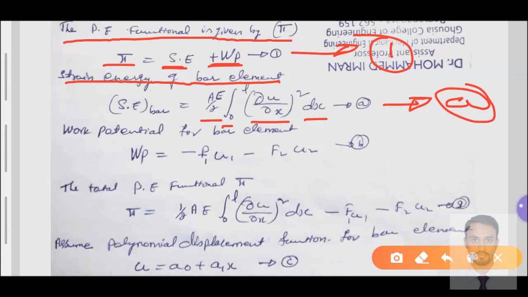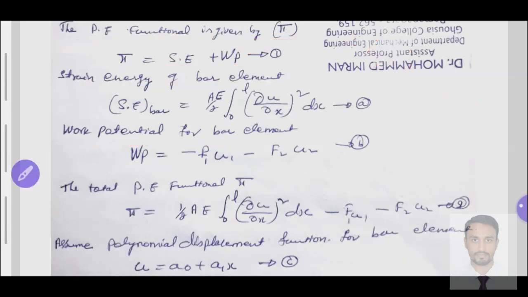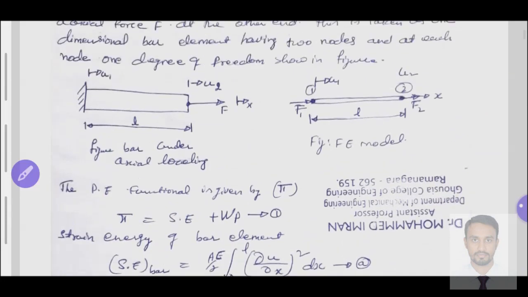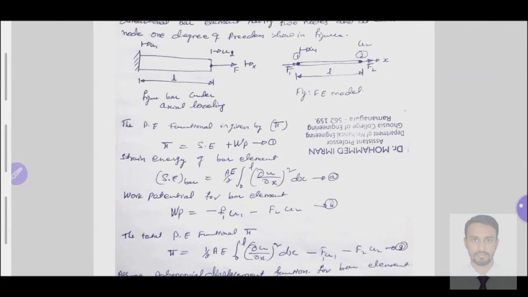For the potential energy functional, the other part is the work potential. The work potential Wp for a bar element is equal to minus F1 U1 minus F2 U2. This depends upon the nodal characteristics of the element and the degrees of freedom chosen to solve the problem.